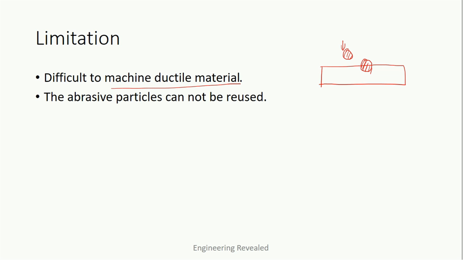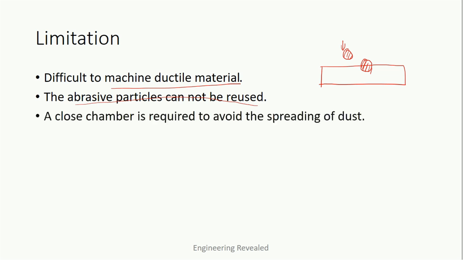Second one is that abrasive particles cannot be reused, because it is difficult to collect the abrasive particles, and when collected, they contain the removed material part or chips, and also broken abrasive particles. Third point is the environment issue.